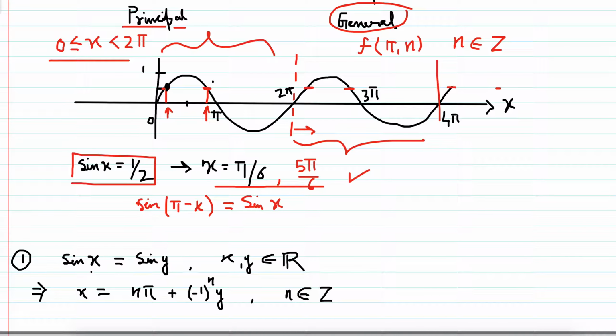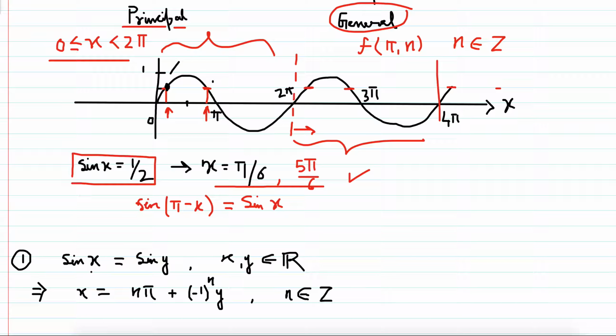So here exactly, for n equal to 0, both x and y will be here. For n equal to 1, y will be here, pi minus pi by 3, pi minus x. And again for n equal to 2, it will be here. For n equal to 3, this value.